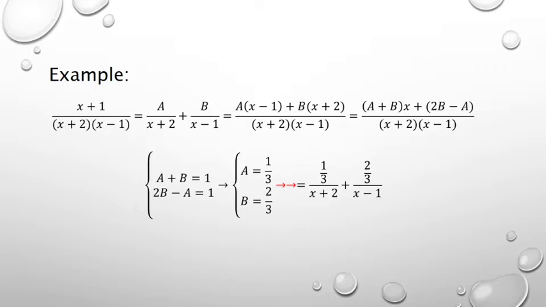Therefore, 2b minus a equals 1 and a plus b equals 1. From here, we know that a equals 1 over 3 and b equals 2 over 3. And we get the equation 1 over 3 over x plus 2 plus 2 over 3 over x minus 1.